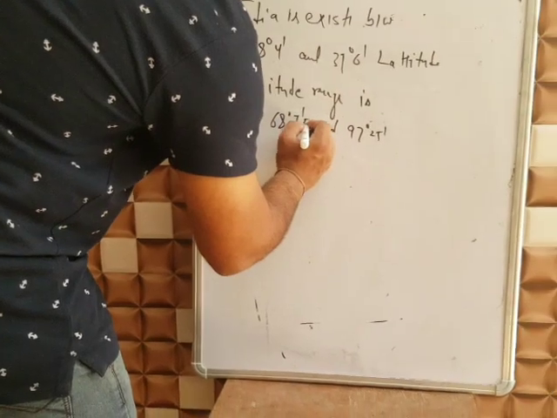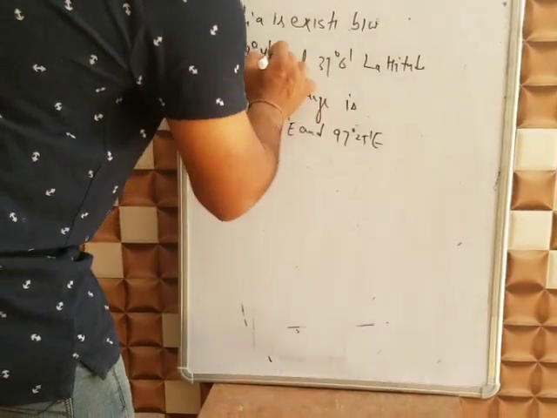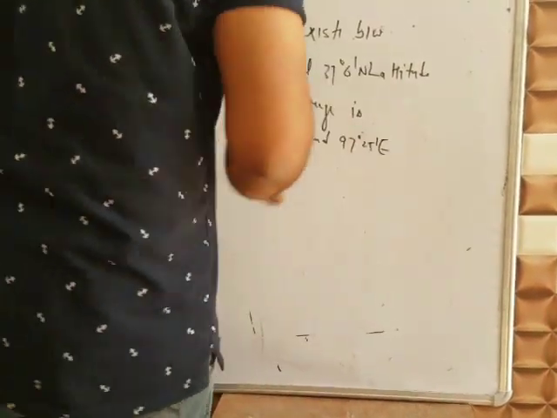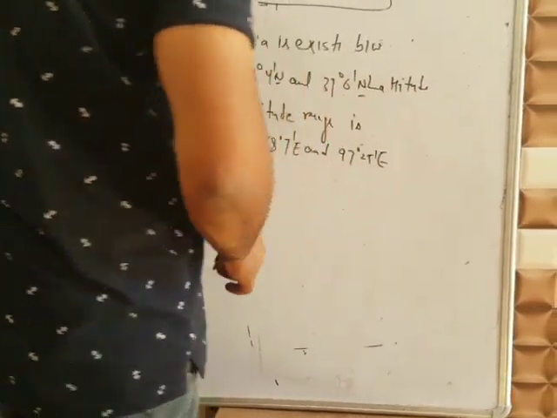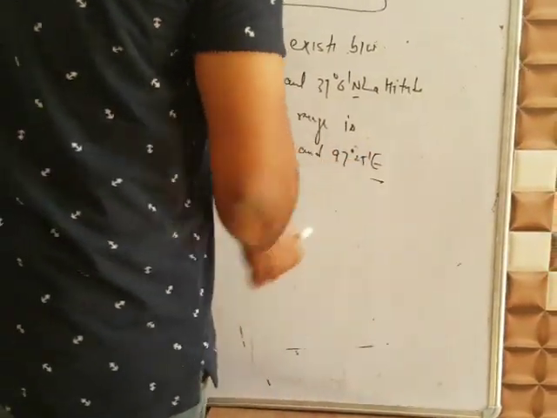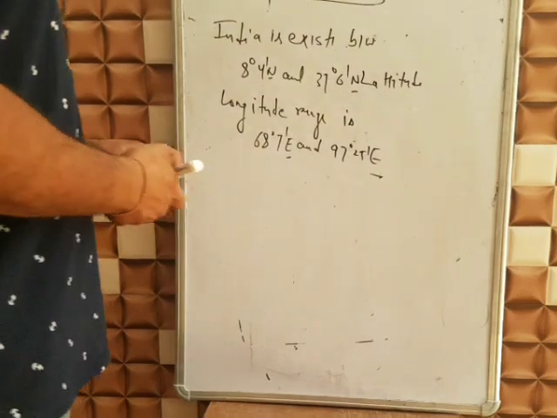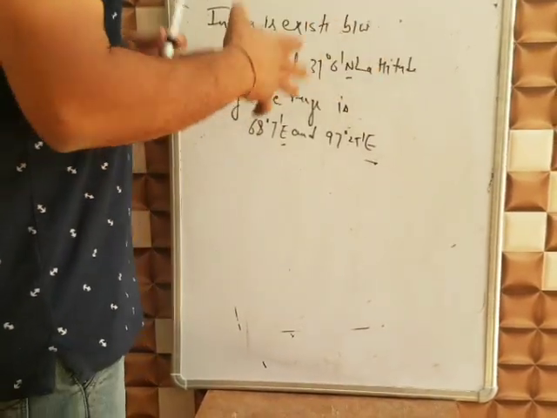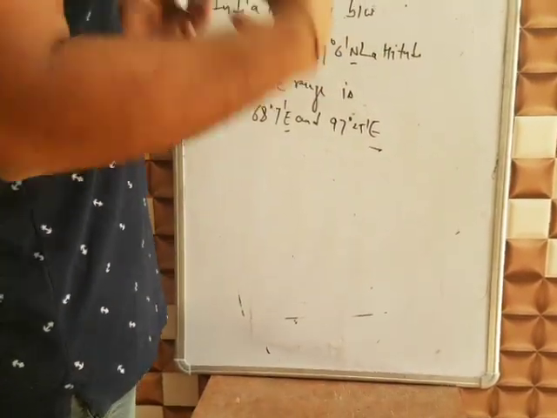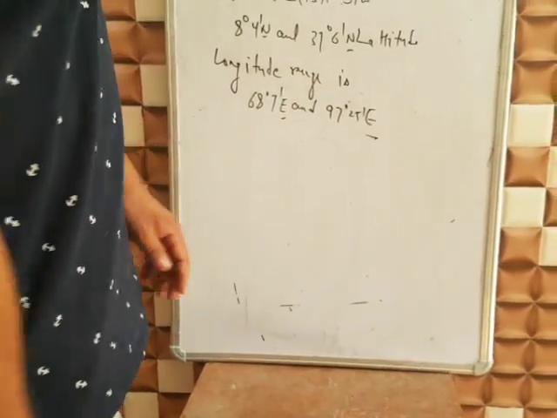This is east, and this is north. I gave you the description of why we write north and why we write east in the last lecture. You see the globe and watch the last lecture, and you will get all these things.